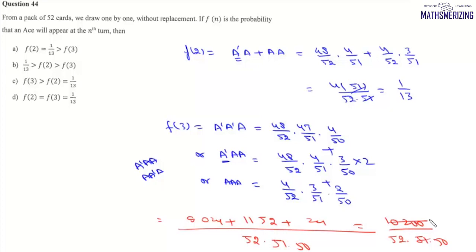So 50, so there'll be 200, 4, and 4 by 52 is 1 by 13. So basically F2 and F3, they have same probability, they are equally likely.